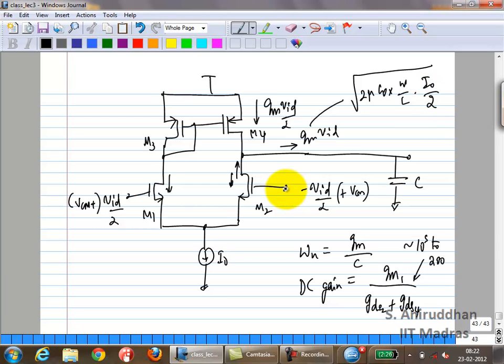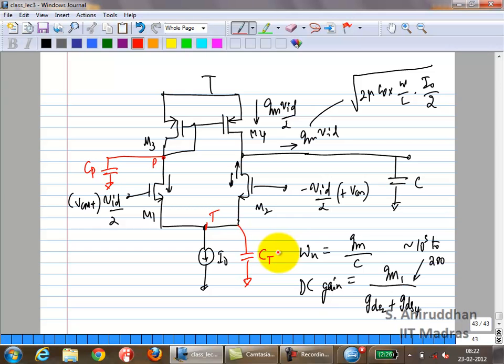Now let me use a different color. I'm going to call this node P and this node T. Now I want to start drawing the parasitic poles in the system.